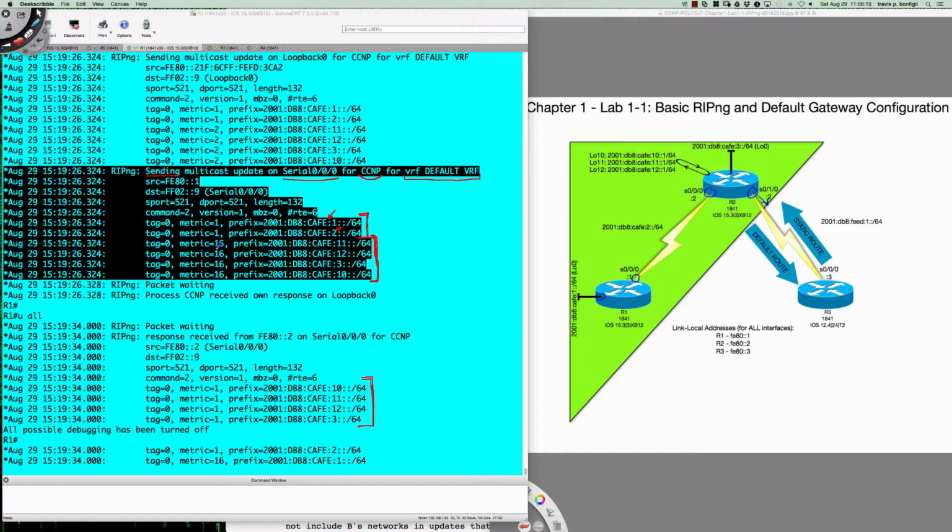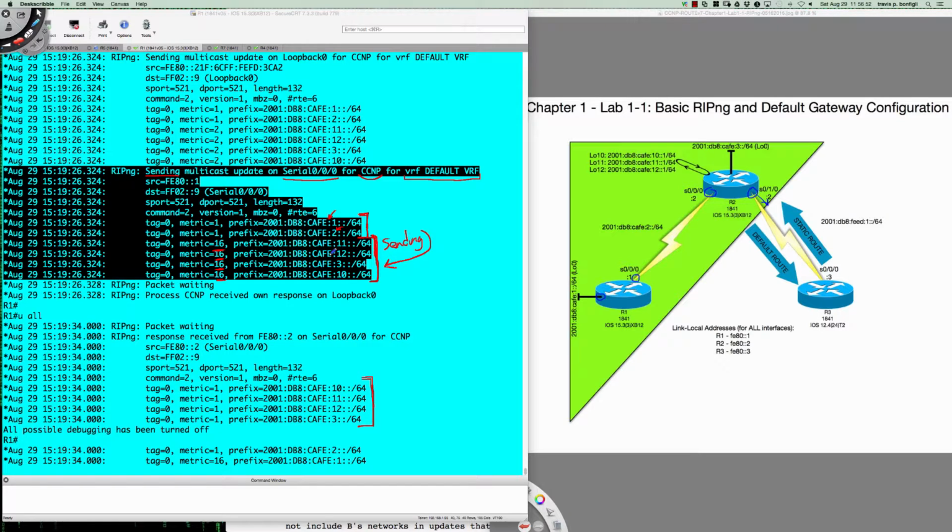Look at poison reverse. What does it do? It poisons the advertisement for the routes that it did learn on that interface, but it is sending those back. So it is poisoning them in the reverse direction. And this is the difference, and this also proves that when you enable poison reverse, split horizon is not in effect.